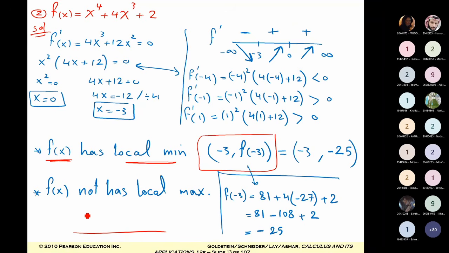For example, the function looks like this. We must mention this point, for example negative 3, and the image of negative 3, f of negative 3. This is the minimum point. So we must mention the point: at this point we have a minimum in f of x. So f of negative 3, substitute in the function.